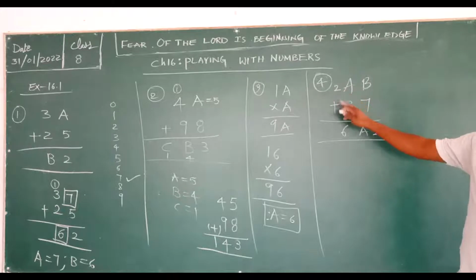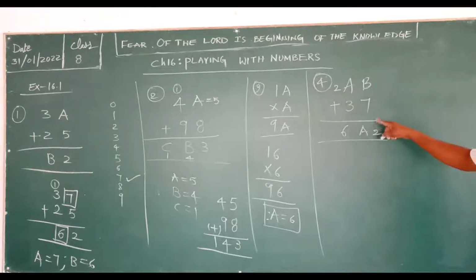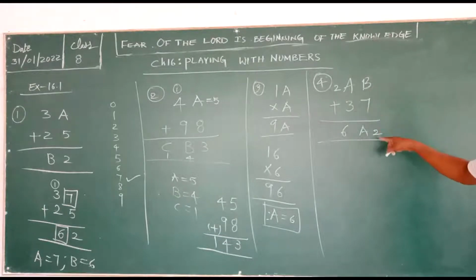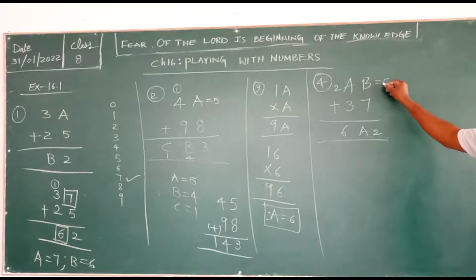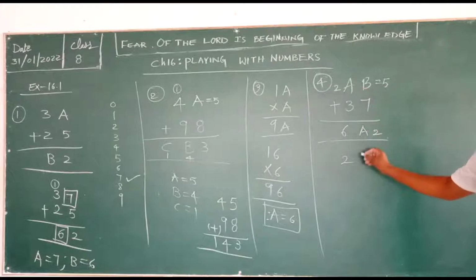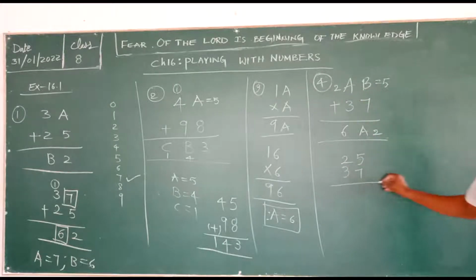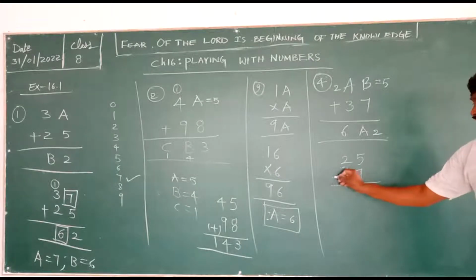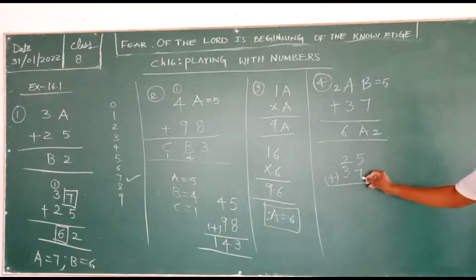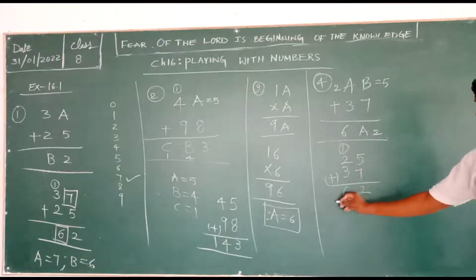So when you take A as 2, then what should B be? See here, here 12. So here 2 is there. So for 7, what do I need to get 12? So B should be 5. Let's check now. A is 2, B is 5, and then 3 and 7, what are you going to get as an answer? 7 plus 5, 12. So 1 should be carrying, then 62.